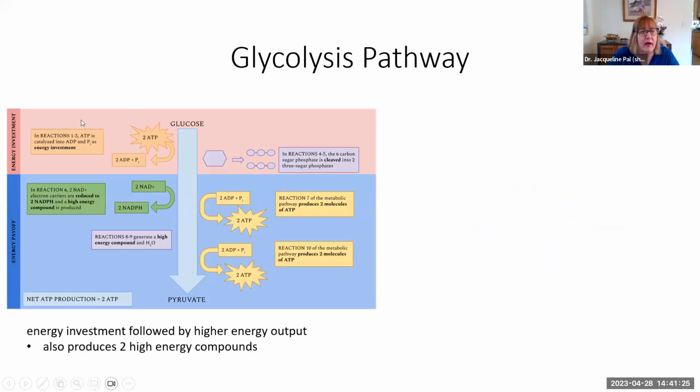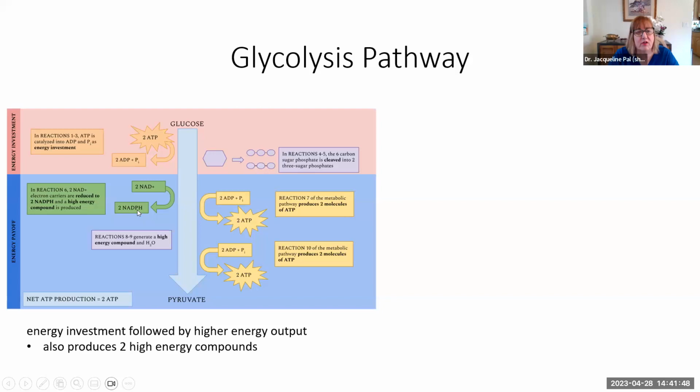So in the pathway, we start with the energy investment, putting in the ATP. And then we go to the parts that are giving us our compounds, some which have energy, some of which are ATP, and the other ones are NADH over there.